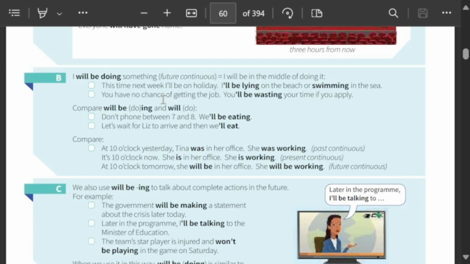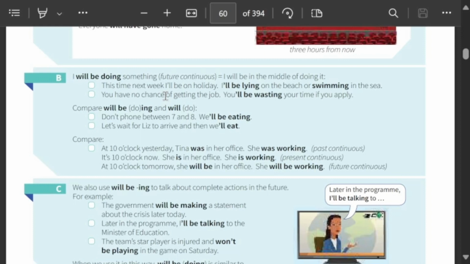Why do we use no, not haven't? Where? No chance? Yes. You have no chance. You can say you don't have a chance, or you have no chance. Yeah, you can say it like that. You have. It sounds positive, right?